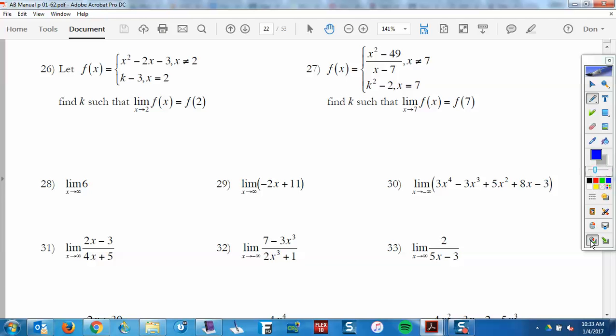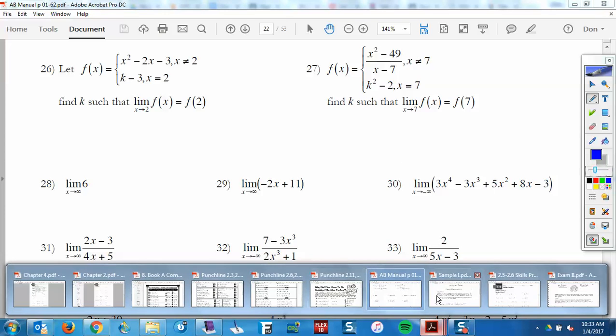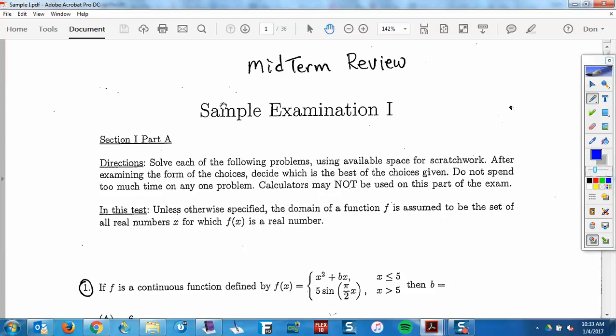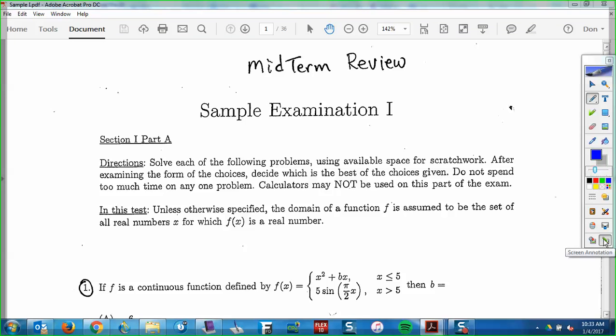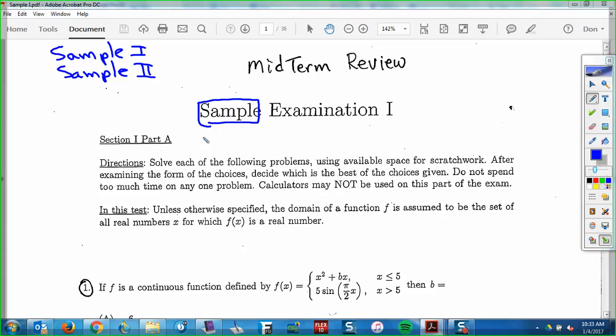Okay, so to get started on this packet, what I want you to do is the first section, which goes to number 28. Let me show you what I'm talking about. Notice how this says sample at the top. I've got 2 different books of practice exams that I draw from. One of them always has the word sample. So when I say, pull out sample 1 packet or sample 2 packet, that's what I'm talking about.